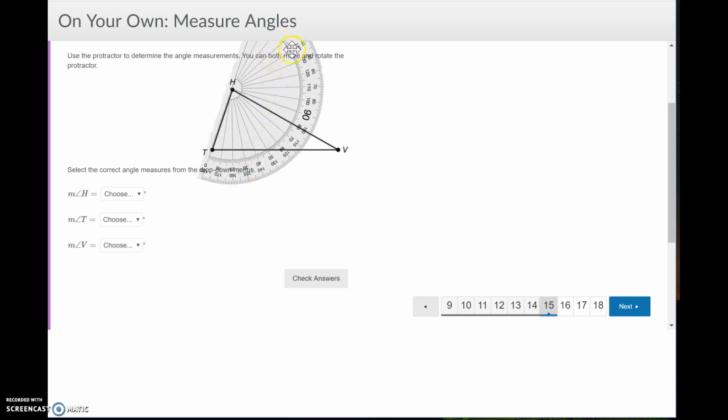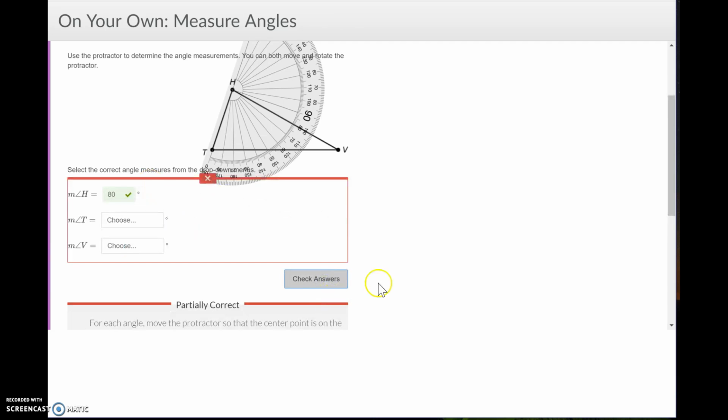And that's a little bit off. So angle H is right at 80. So we can check that one. But you move it around to measure the rest of those. I just want to make sure we have time to do them all.